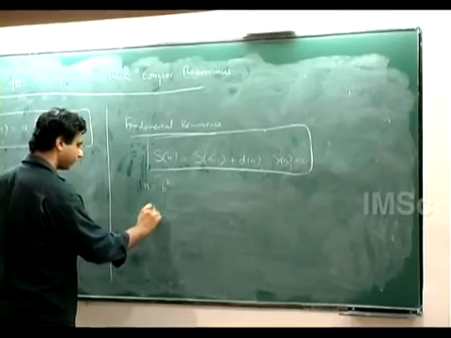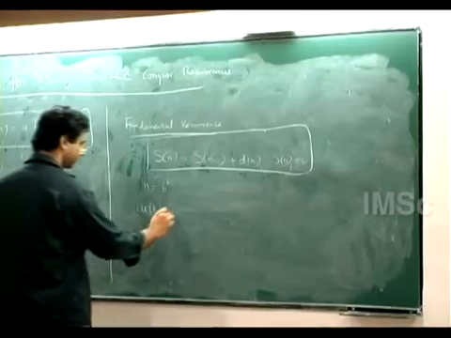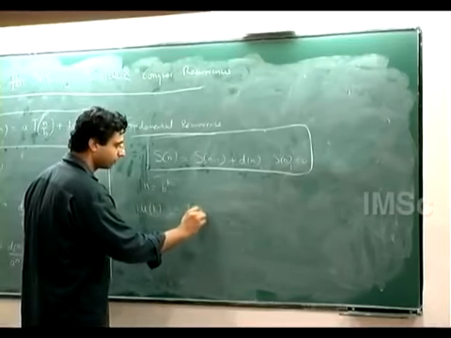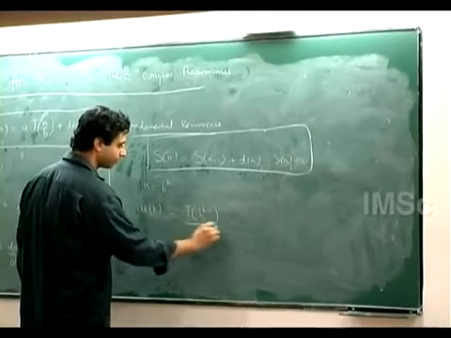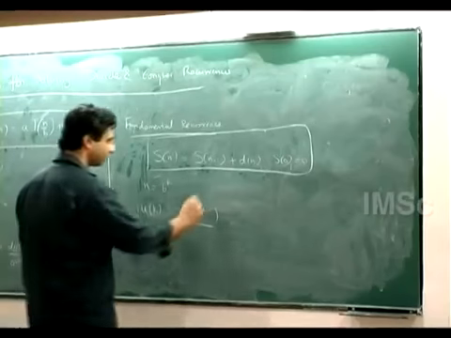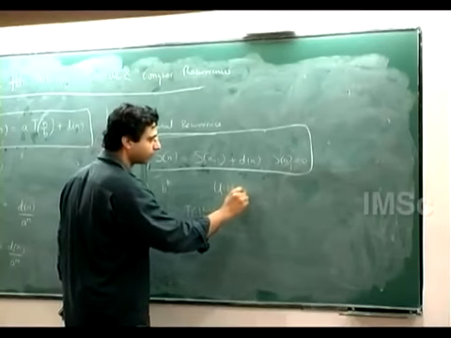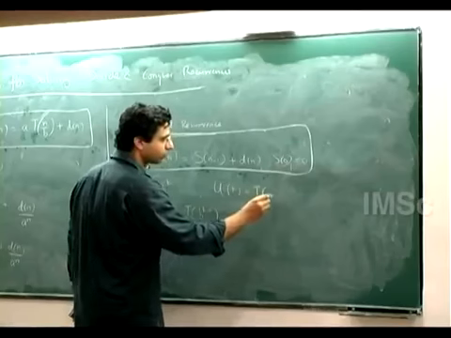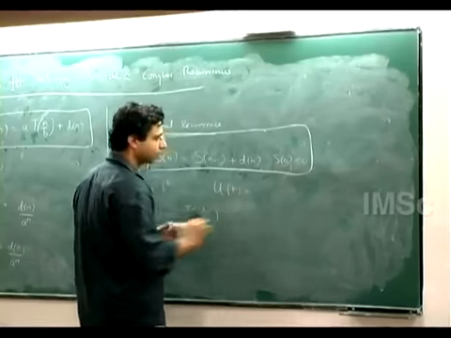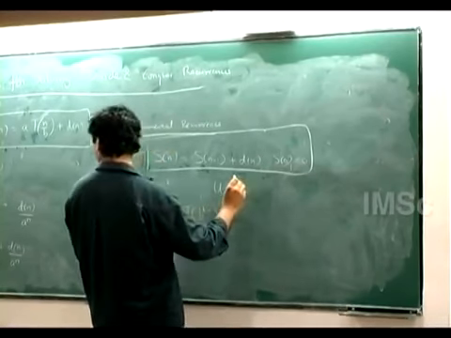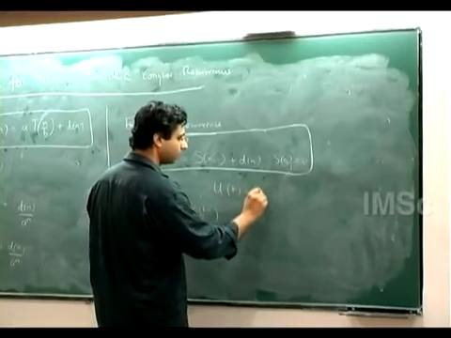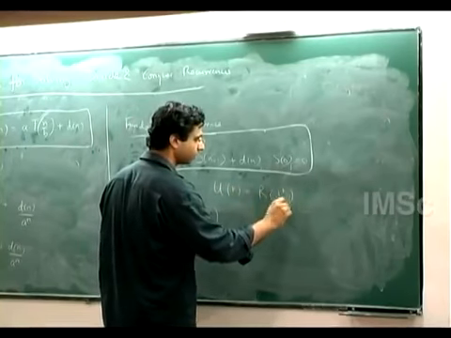So u of k is T of b raised to k minus 1. So what I'm doing, I'm defining u of k to be r of b raised to k.